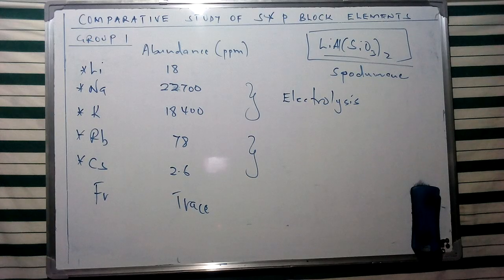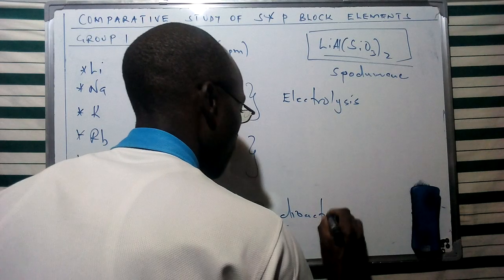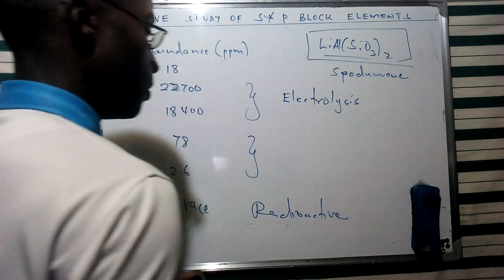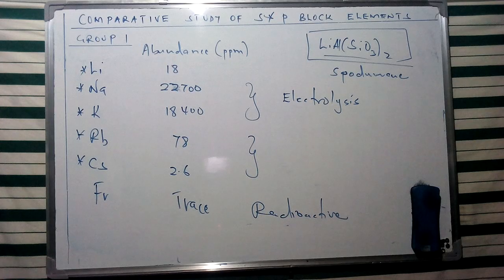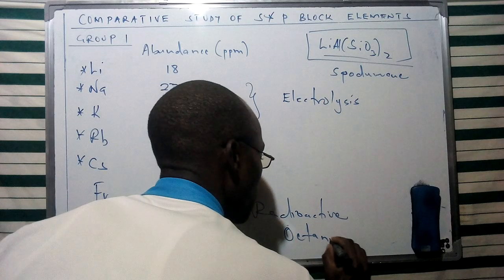Now for francium, this is going to be a trace element, as I mentioned, and this is one of the characteristics of an element which is radioactive, and it's obtained through the decay series, which is a decay of actinium.